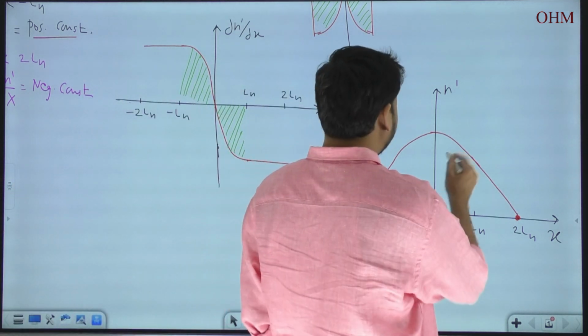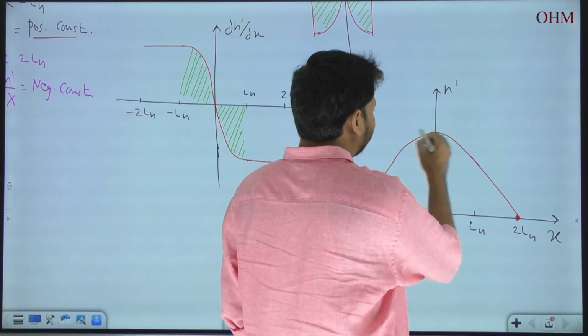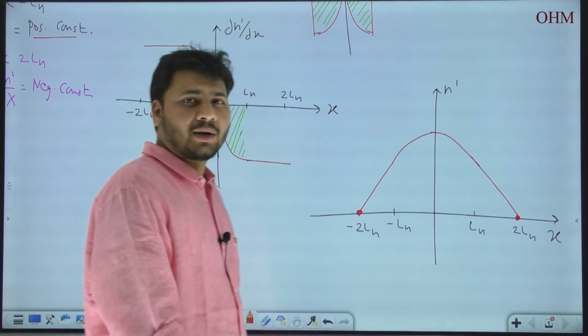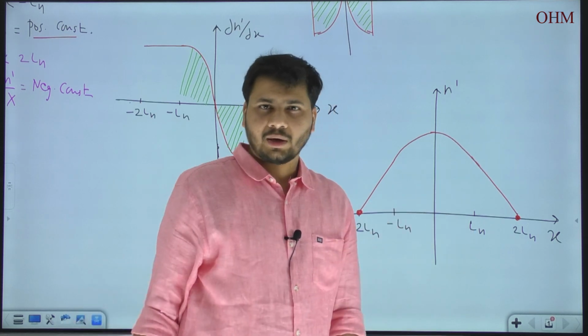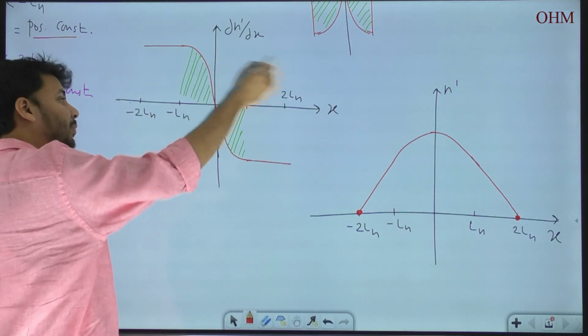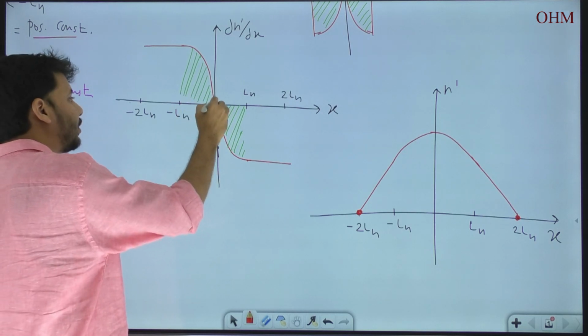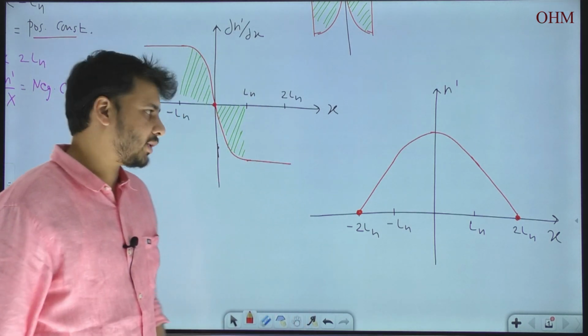So at x equal to 0, it is maximum. Again, you can observe that at x equal to 0, the slope of the minority carrier concentration profile is 0. If you draw a tangent, it will have 0 slope. Even in our slope profile, how the slope varies with distance, at x equal to 0 its value is also 0. So it's a kind of feedback thing.